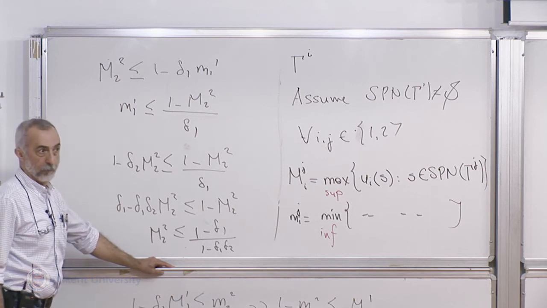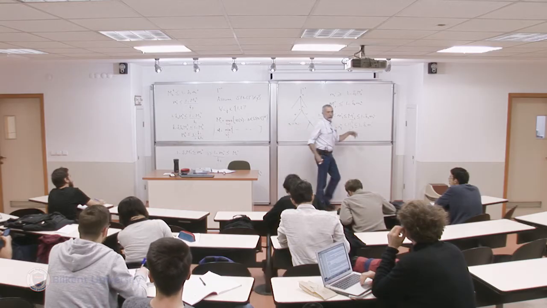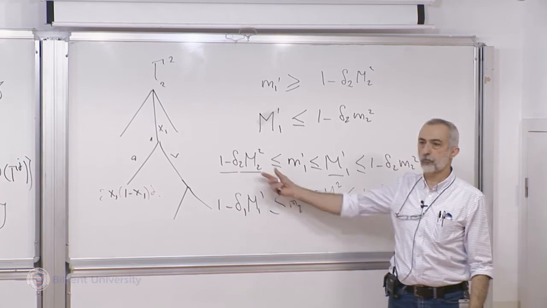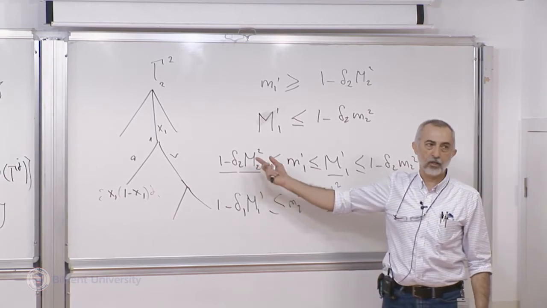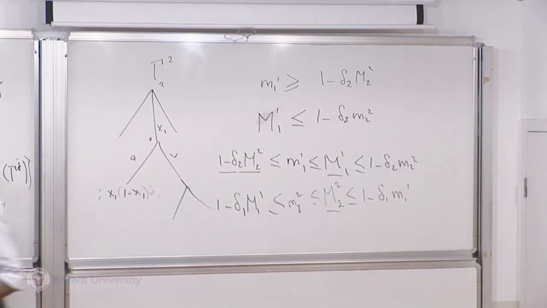So far, so good? Okay. So just simple algebra. I'm trying to get inequalities which only involve one of these MIJs.